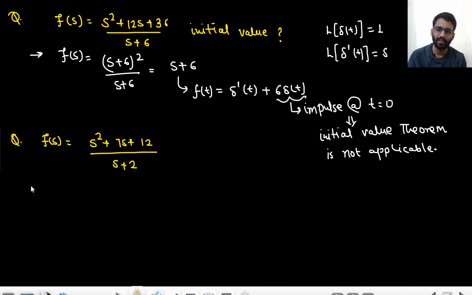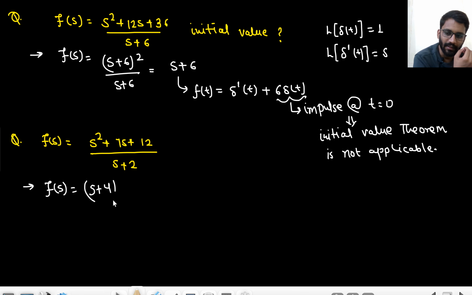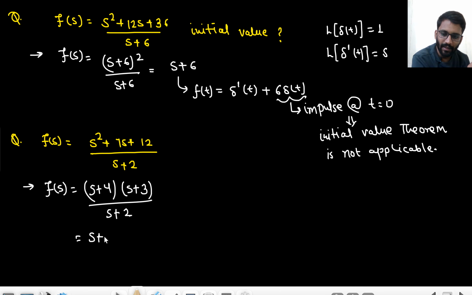Now solve this one. Before applying the theorem, let's break it down. It would be s plus 4, s plus 3, by s plus 2. I can break it down like this: s plus 2 plus 2, by s plus 2, into s plus 3.